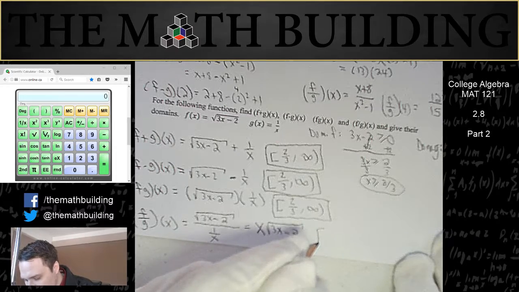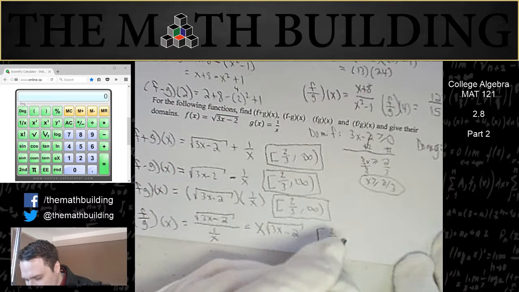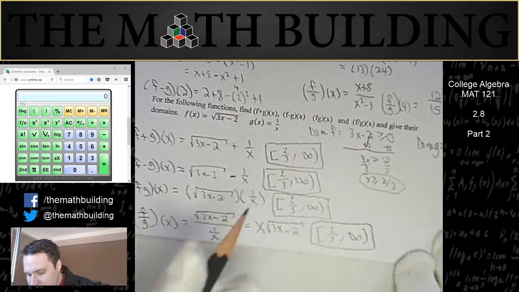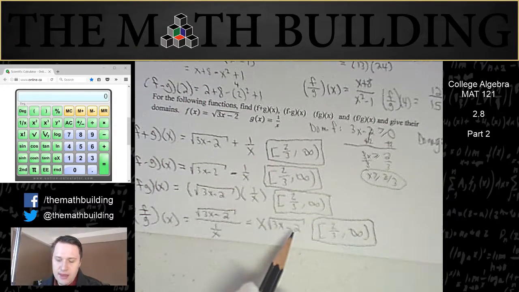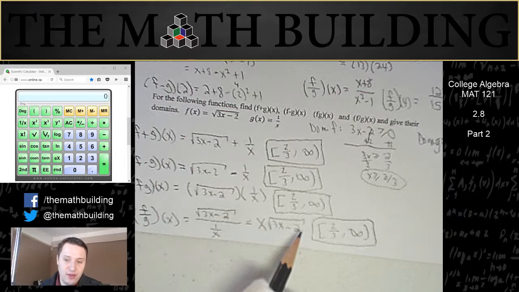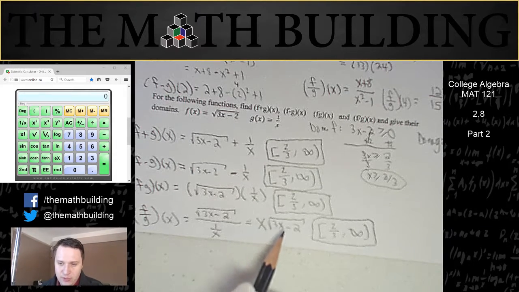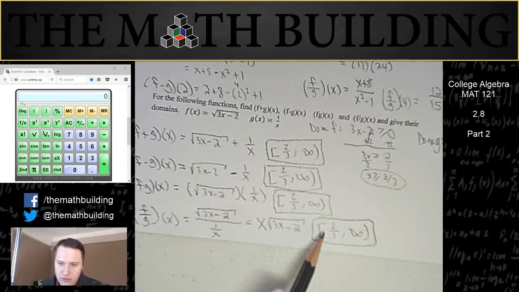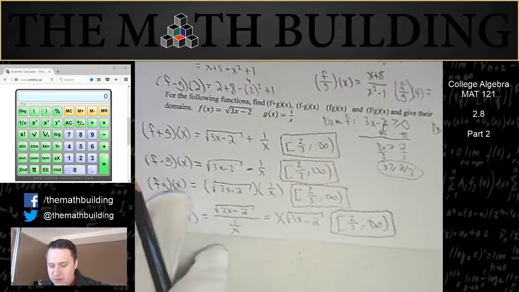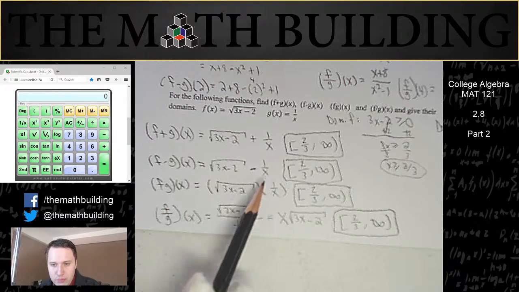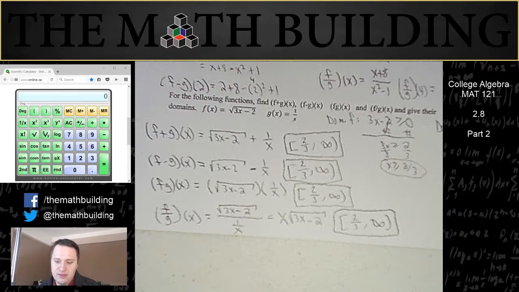So the domain here is going to be the same as the other three parts, 2/3 to infinity. If this had been worded differently, like maybe if it was 3x plus 2, then 0 would have been included. But based on how it is, we need to be bigger than 2/3, so it's 2/3 to infinity. So just notice that this fourth one was a little different. x could be 0 here, whereas it couldn't be 0 in these previous pieces.